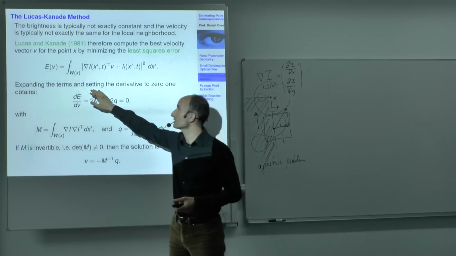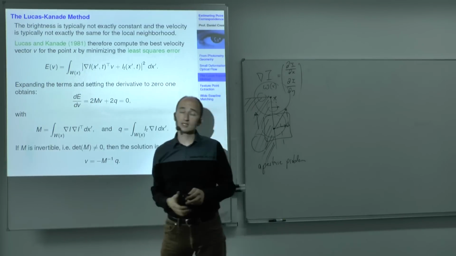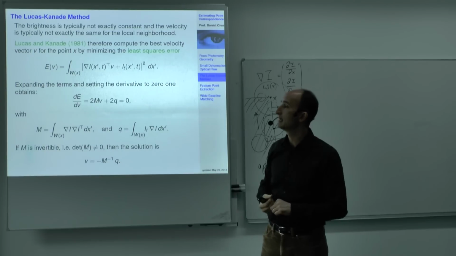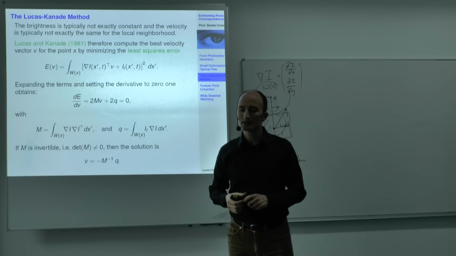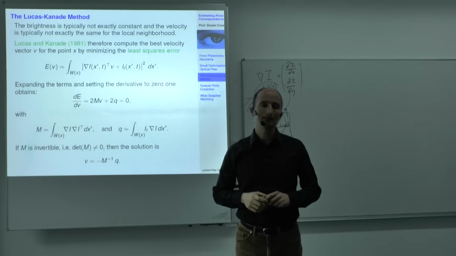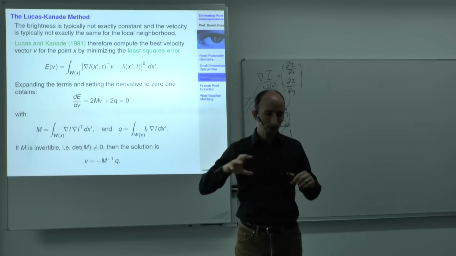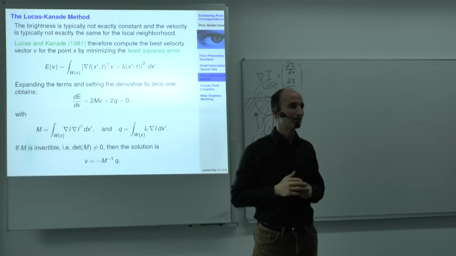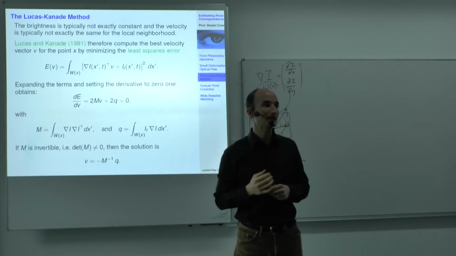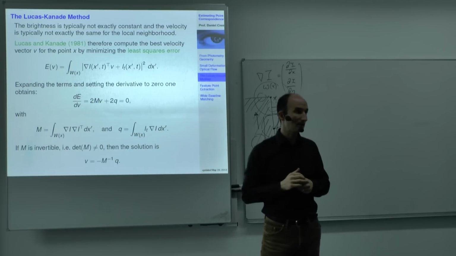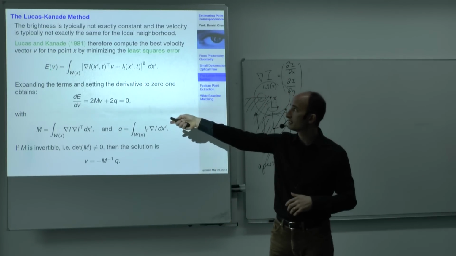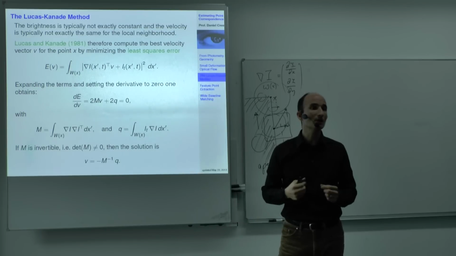This is called a cost function or an energy, and this is why it's often referred to as E. Large E stands for energy. Why these terms are called energy is a bit of a long story, but a lot of these optimization techniques are inspired from physics, and in physics these expressions are called energies. And so sometimes I'll refer to this as an energy, sometimes as a cost function.